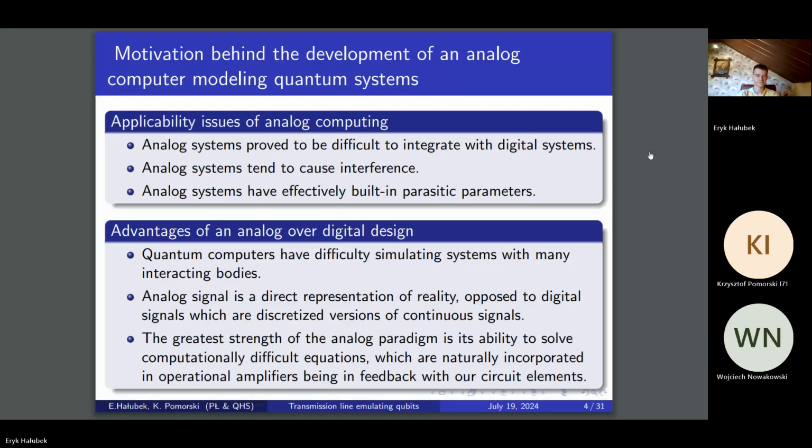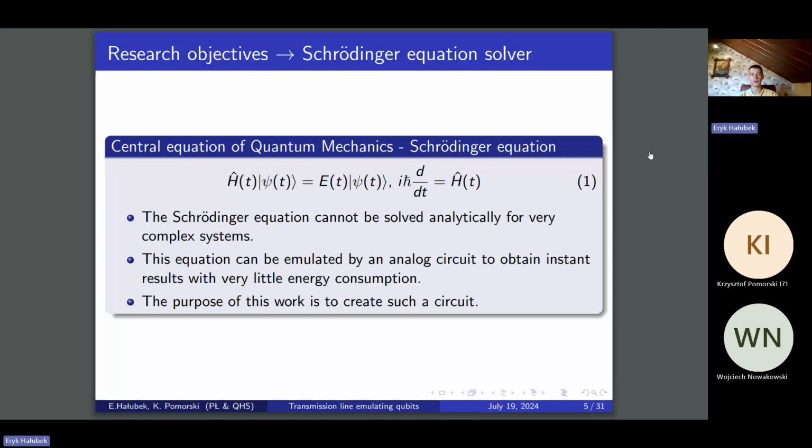So the main research objective is to create a Schrödinger equation solver based on analog circuits.